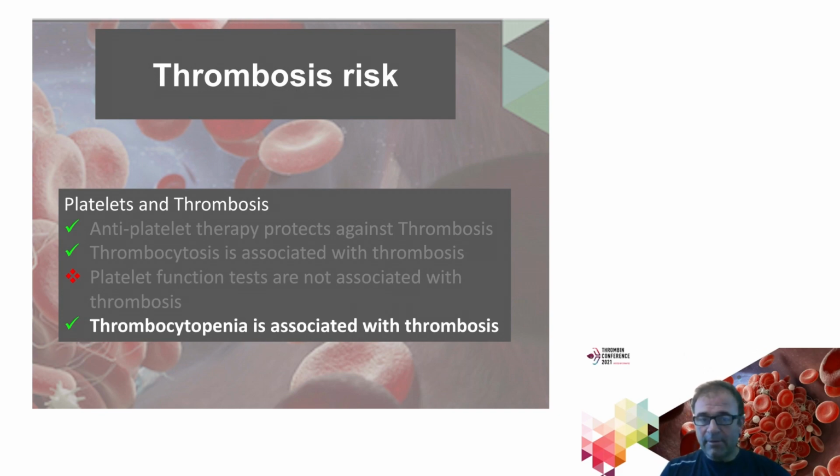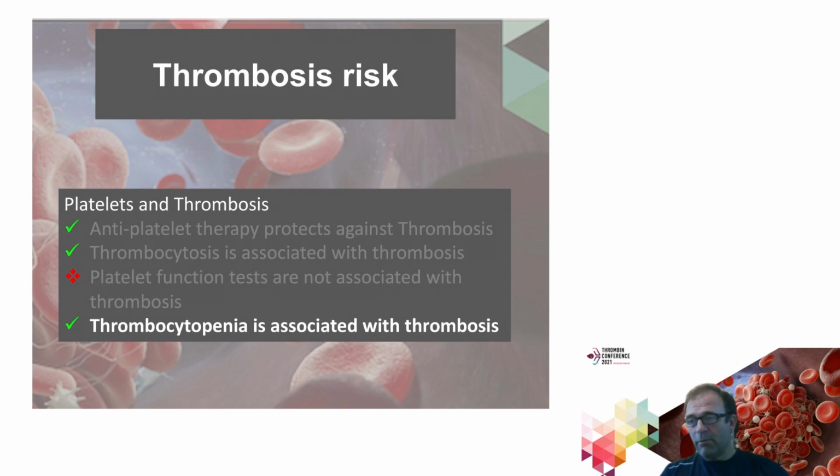Now, one way of thinking differently is just looking at the incidence of thrombosis in diseases which have a high risk of thrombosis. So there are many diseases in which thrombosis is a serious complication.